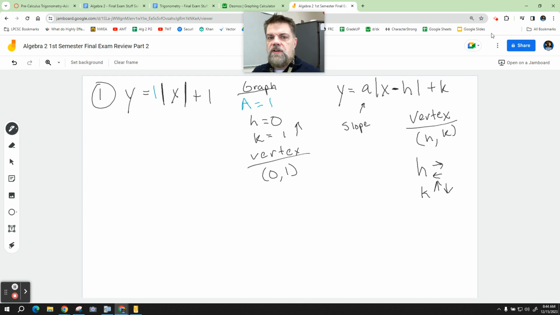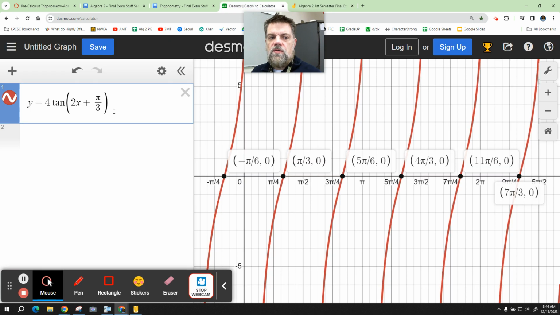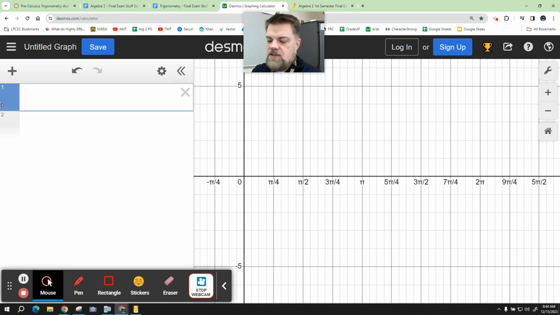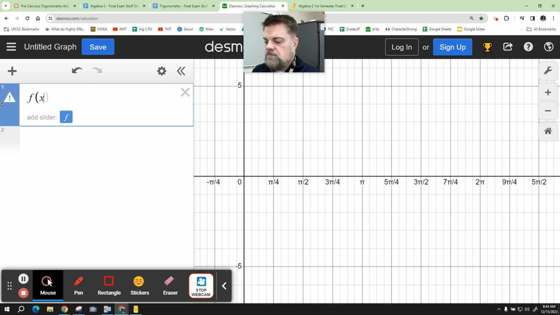Now, what do? Graph it. So when I graph it in Desmos, I'm just going to say y equals, actually we're going to put the table of values too, which is kind of fun. So be sure that when you plug it into Desmos, you say f of x, right?